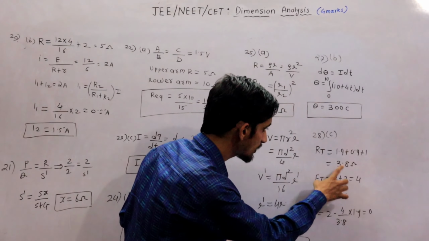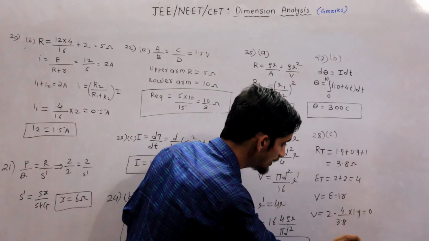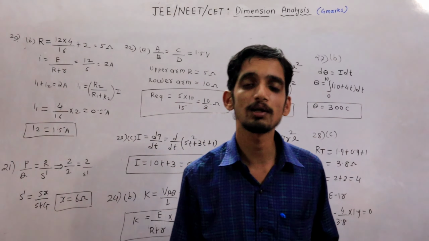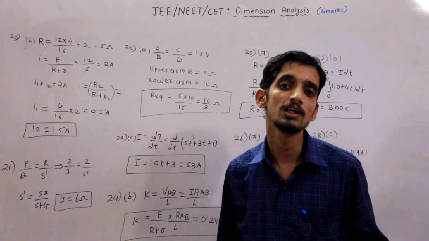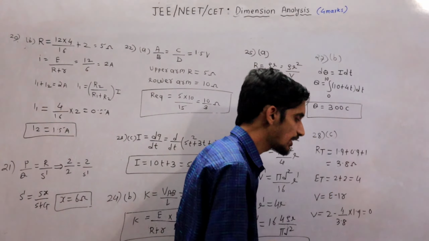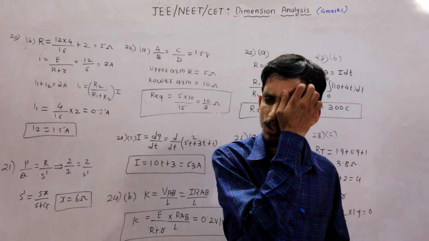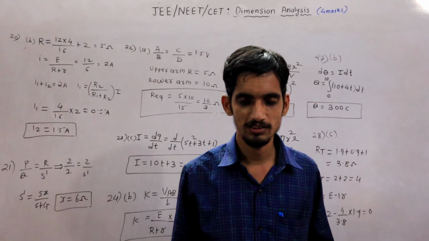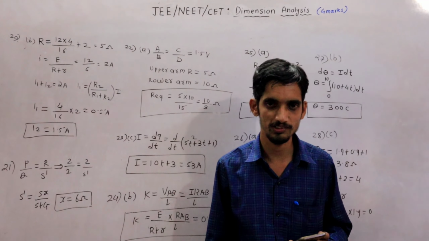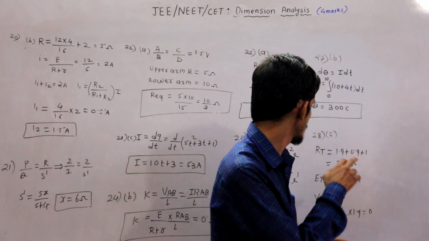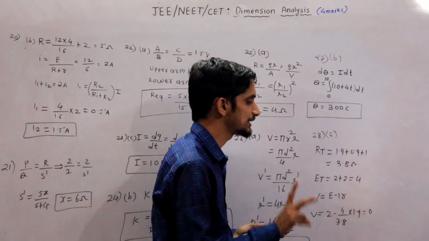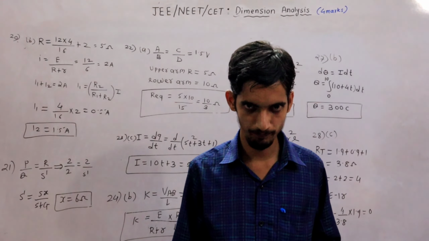This EMF 4 upon total resistance 3.8 into internal resistance 1.9 gives me the answer as 0. So terminal potential difference is equal to 0, because in this case E is equal to Ir. It means EMF is equal to the drop across the internal resistance. That's why you are getting 0 terminal potential difference. So option C is the correct answer for this question, and question number 28 is based on the discharging of the cell. Clear?